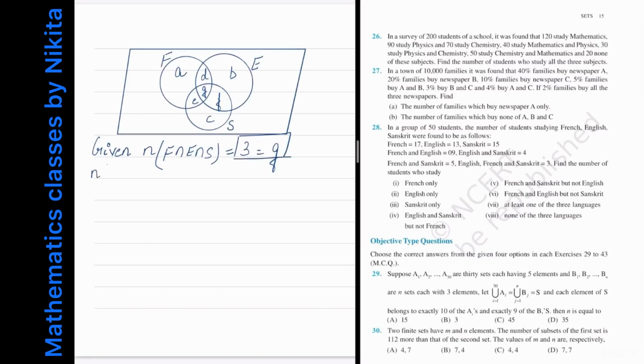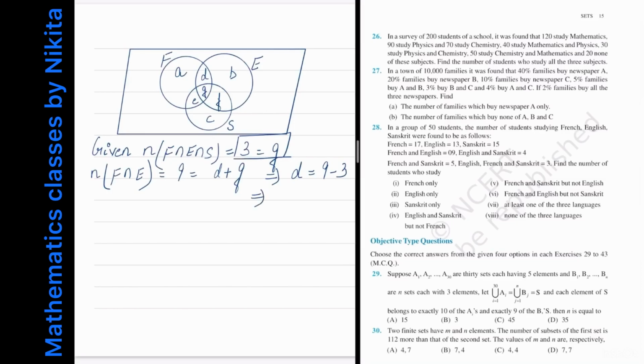Now start with the intersection taken two at a time. So first it is given F intersection with E. So this is given to be 9. And from the Venn diagram, what is F intersection E? You can see it is this portion, and this portion is D plus G. So therefore this is equal to D plus G, and from here I get the value of D to be 9 minus 3.